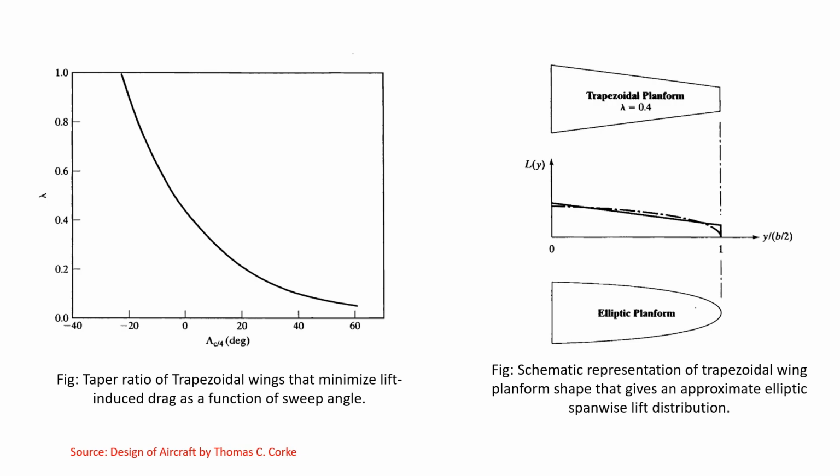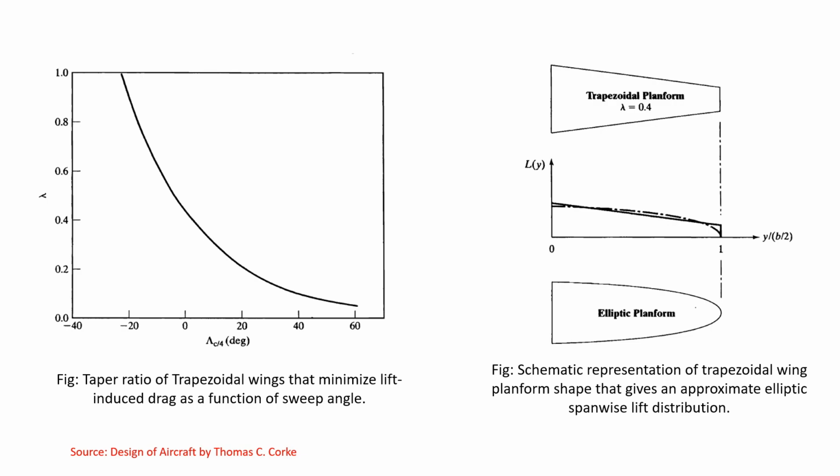Such a wing gives an elliptic spanwise variation in the lift. This can be approximated reasonably well with a more simply constructed trapezoidal wing with a taper ratio of 0.4. So this has been illustrated in the figure.